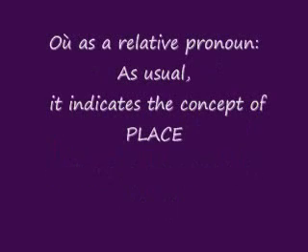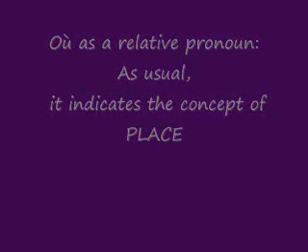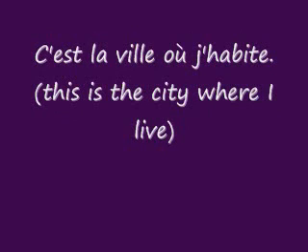The first use of où as a relative pronoun is quite obvious. It simply indicates the notion of place. So if I say c'est la ville où j'habite, it simply means this is the city where I live. This is the city where I live.